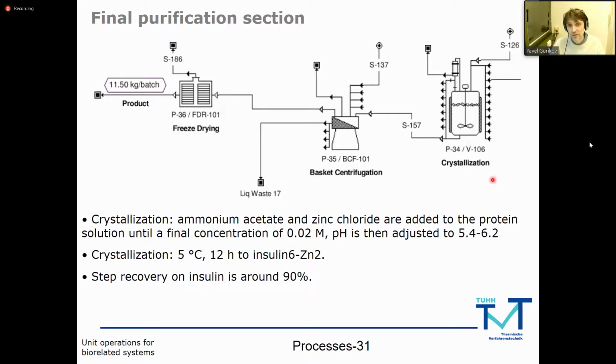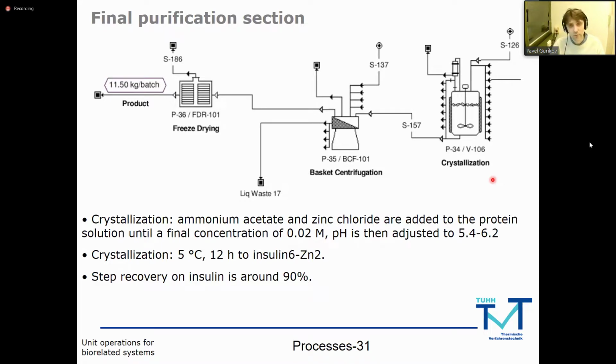And finally, freeze drying, because you have that product, you just remove water by subliming this water out. So you freeze your semi-solid product, and then you basically apply a vacuum.